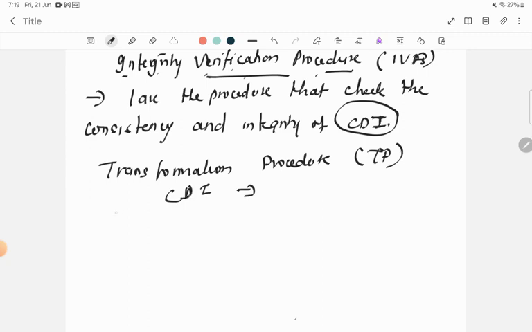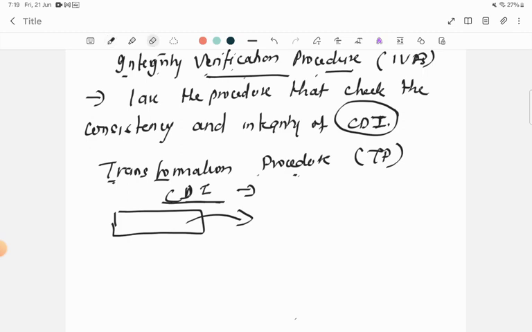For example, in a banking app, if you are going to credit an amount to some other person, this comes under the CDI. So we need a particular transformation procedure. They are the transformation steps with the help of which you can modify this CDI data. Okay, so that was about the various terms.